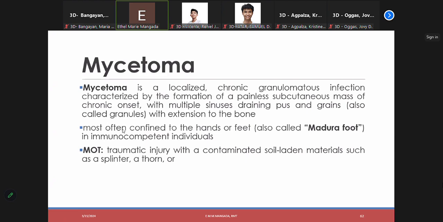Okay? So, mycetoma is a localized chronic granulomatous infection characterized by formation of a painless subcutaneous mass of chronic onset, and then there are multiple sinuses draining pus and grains. Most often, it is confined to the hand and feet, same as the other subcutaneous mycoses.